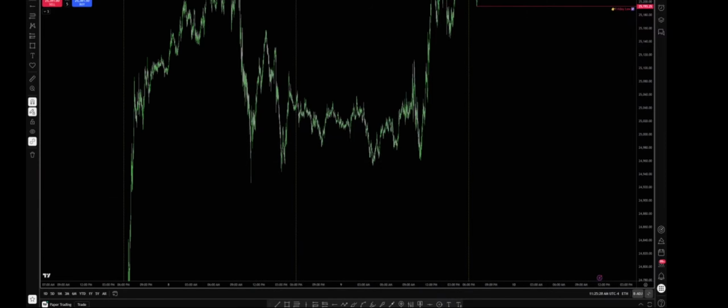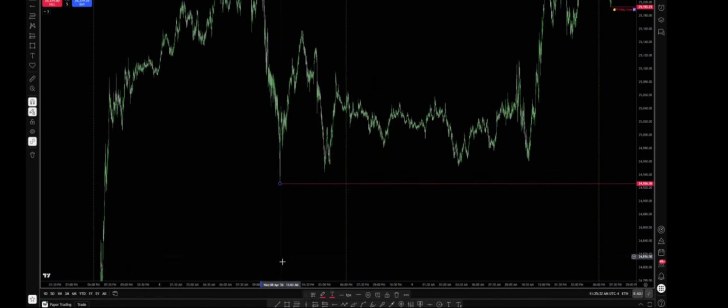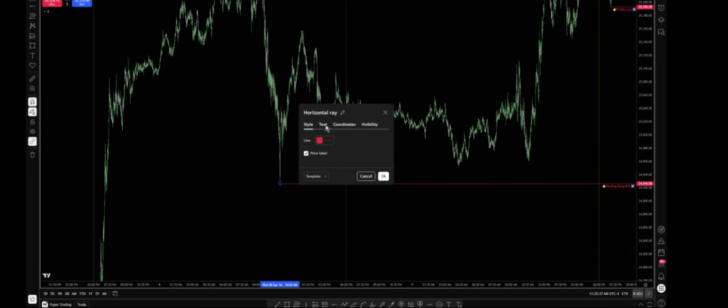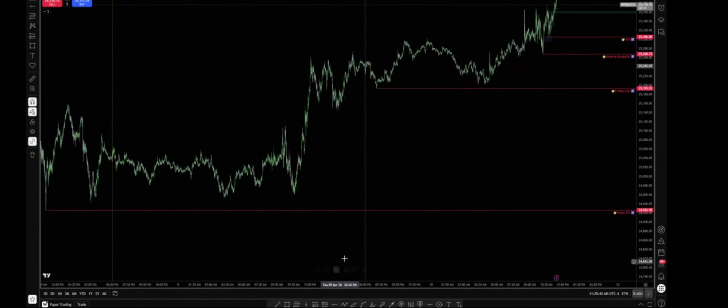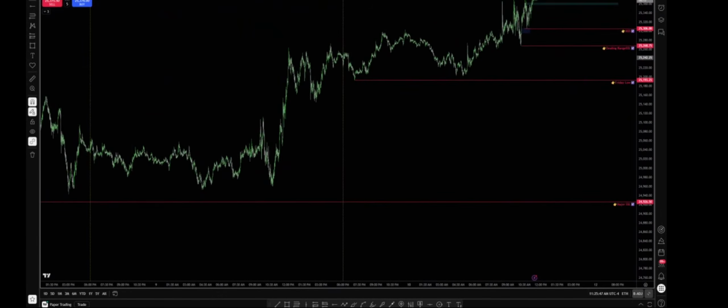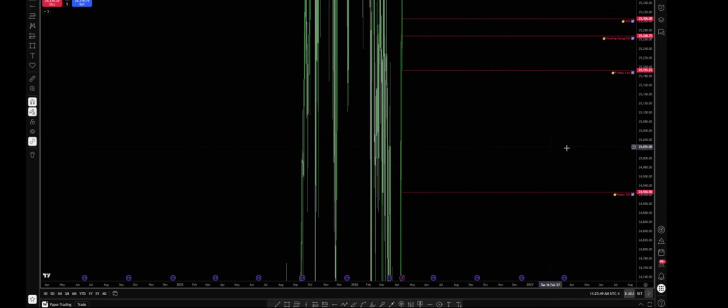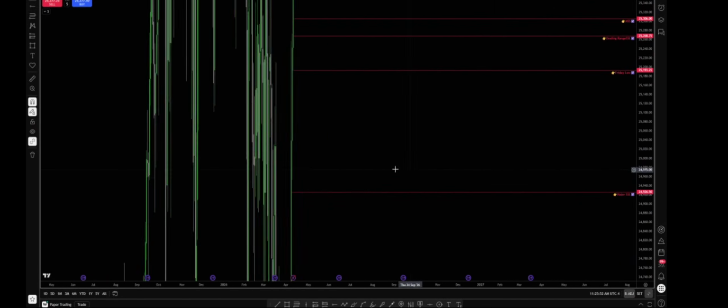I'm more interested in this low. Like this is literally a measure, because this is where the fair value starts. Daily.